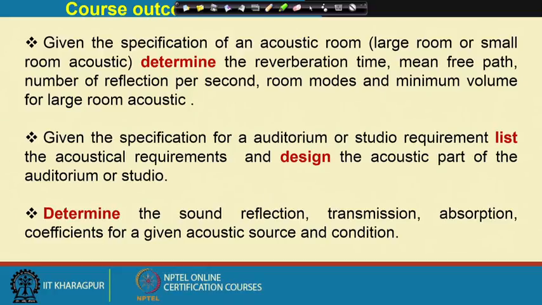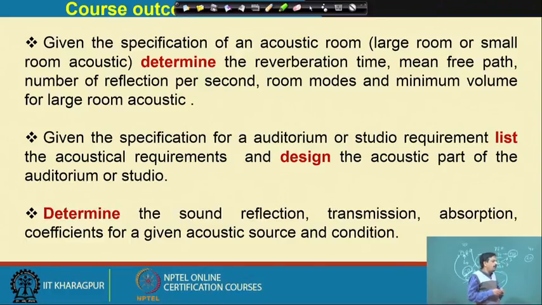So, list and design are the performance component, and the given specification is the condition component. Third, determine the sound reflection, transmission and absorption coefficient for a given acoustic source and condition. So, the condition is given, you have to perform this, and it is achievable within this course.